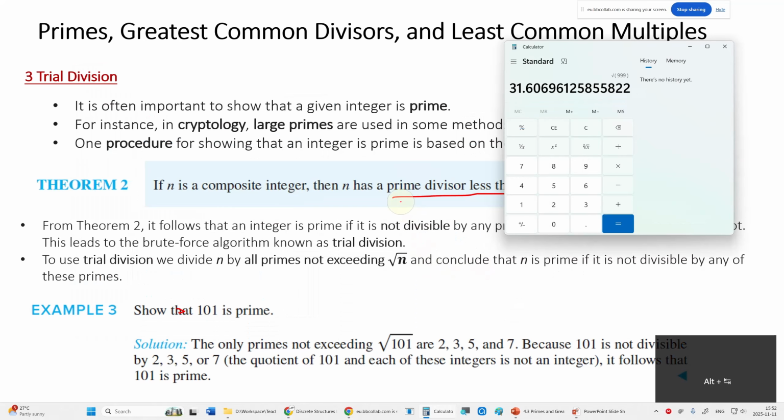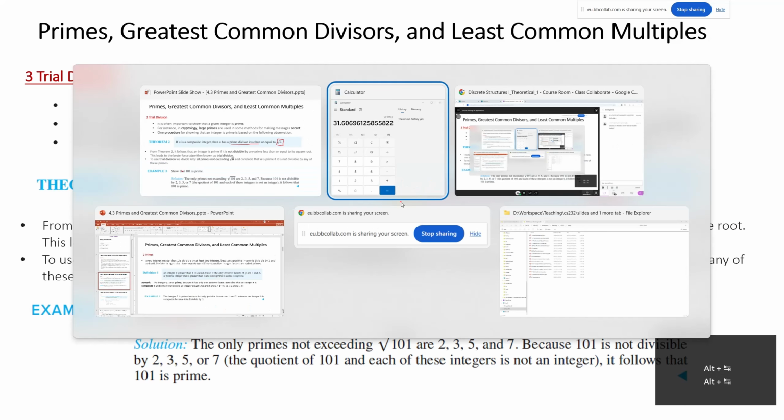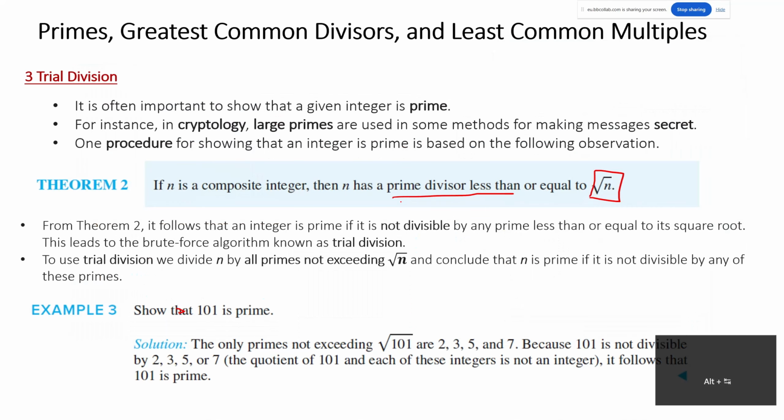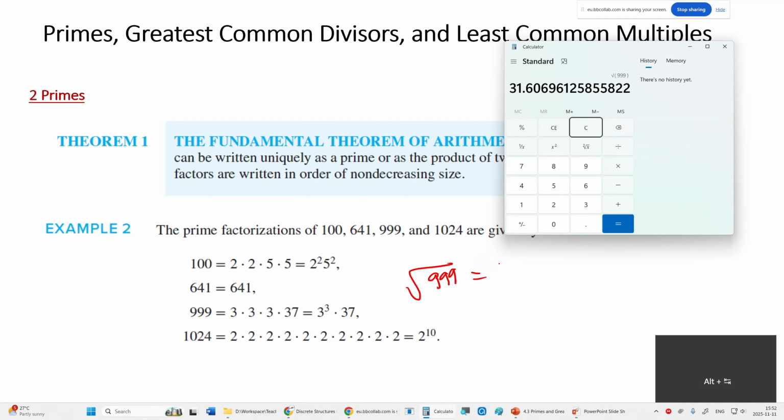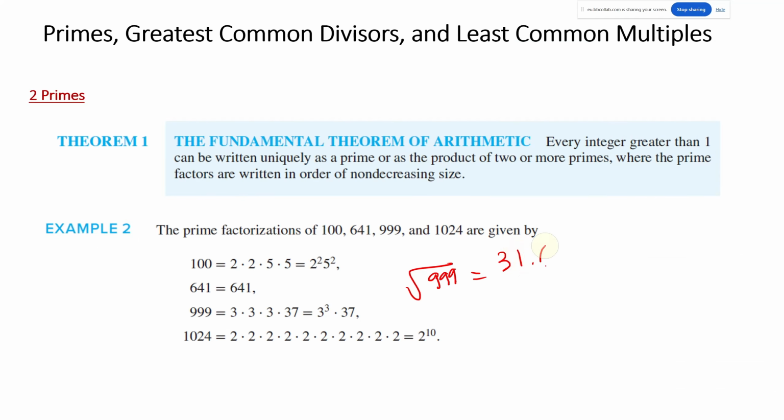Well, look here. We said the square root of 999 is going to be 31.6, for example, and now I have something that is 37.